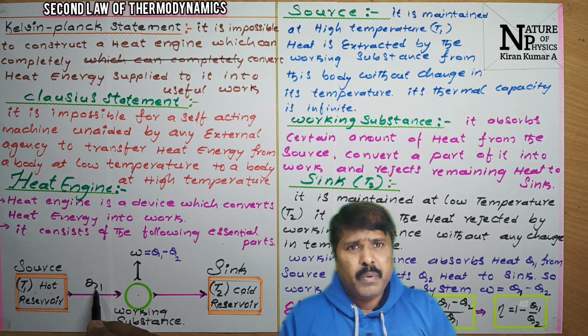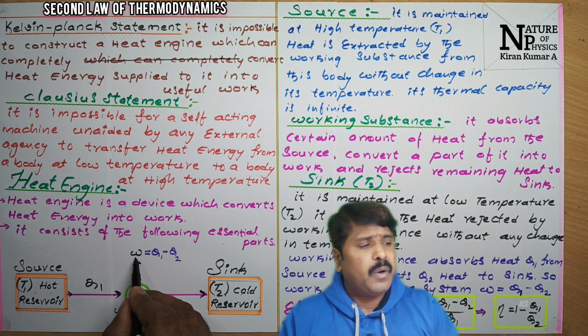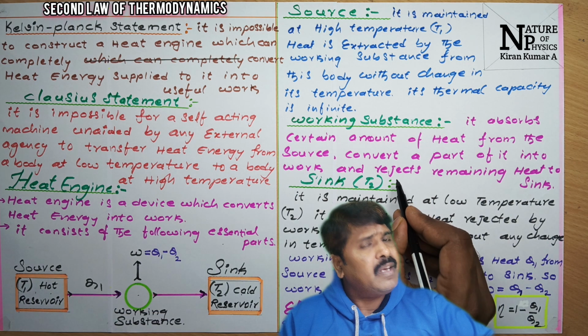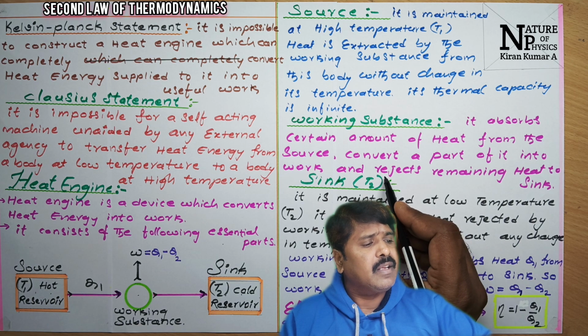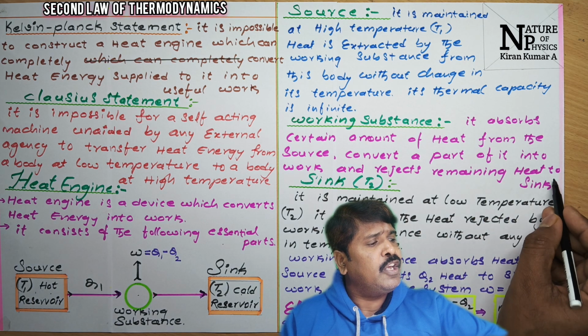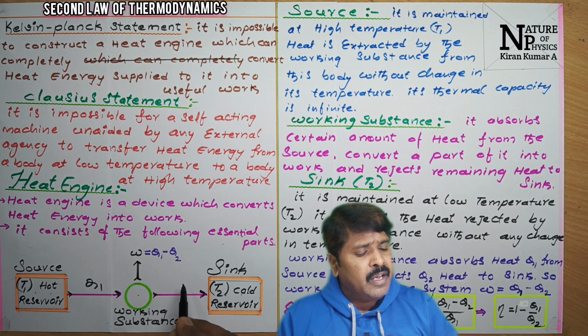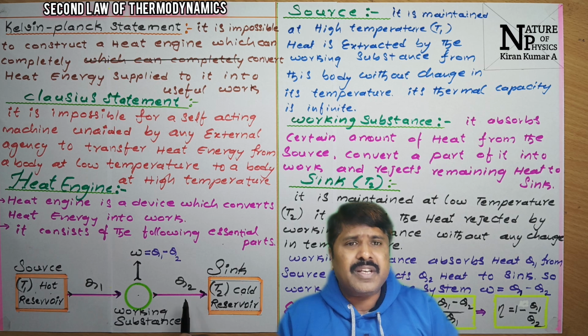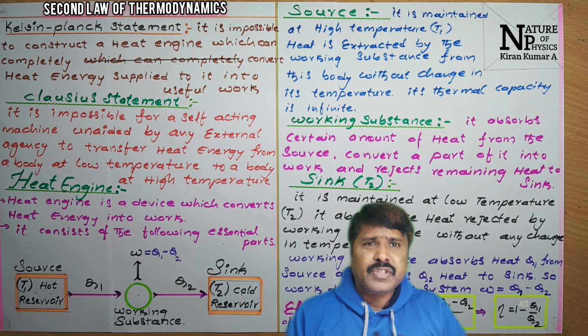In this Q1 heat energy, some energy is converted into work done. And the remaining heat is ejected to the sink. Remaining heat energy is Q2, which is ejected to the sink, student.